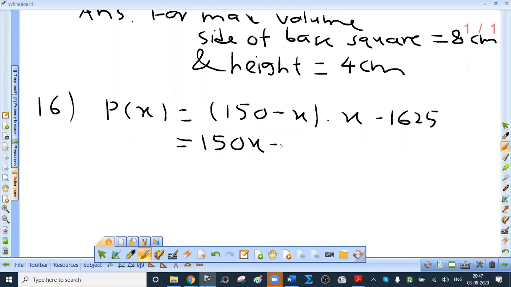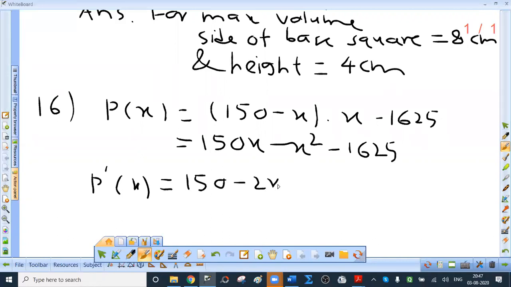So 150x minus x square minus 1625. So in short, we have to discuss this function for maximum. Okay. So what is p dash of x? Now you need not say this is fx, this is px, no problem. So what is p dash of x? It is 150 minus 2x. What is p double dash of x? It is simply minus 2.